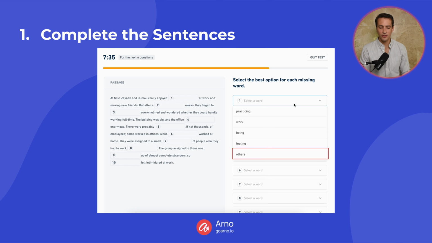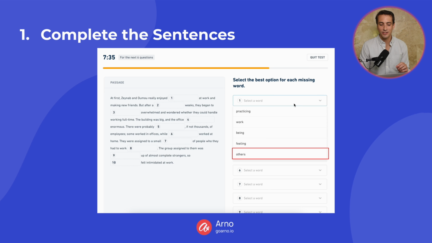So this is why it's important to read all of the options, because on the DET, there can often be multiple options that are correct. So what I mean by that is there will be options that seem correct, that could be correct. However, they are not the best option. So in this case, we have to decide between being, which is the other option that seems strong, and others.